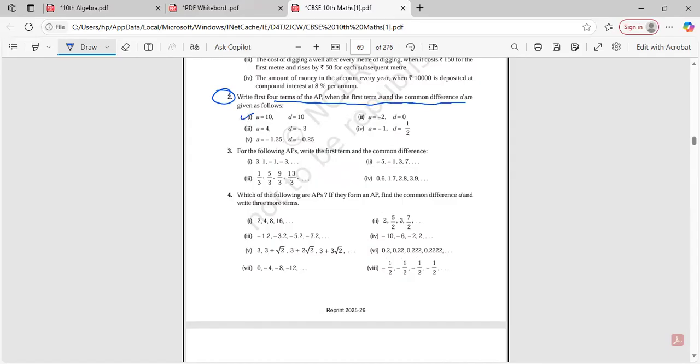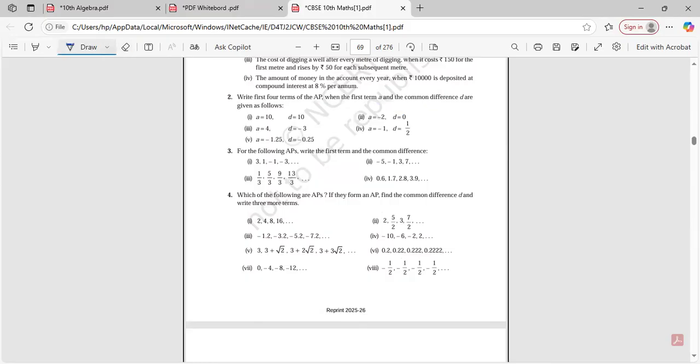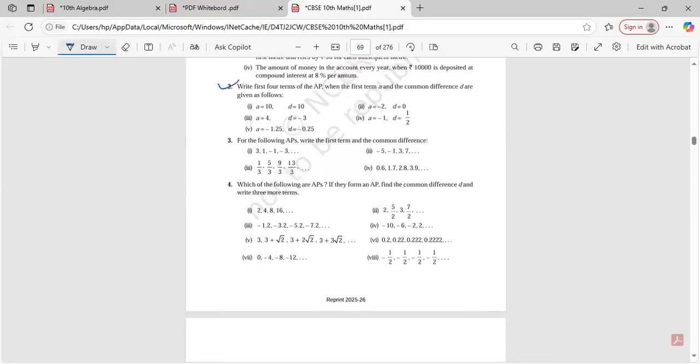First term is 10, common difference is 10. First term is -2, common difference is 0. Take a screenshot of this also.